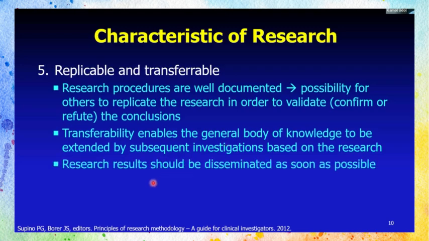So when we do research and get the results, it's our obligation to disseminate the results as soon as possible for others to replicate or to extend on that knowledge.